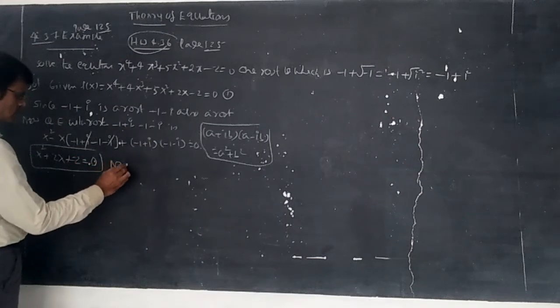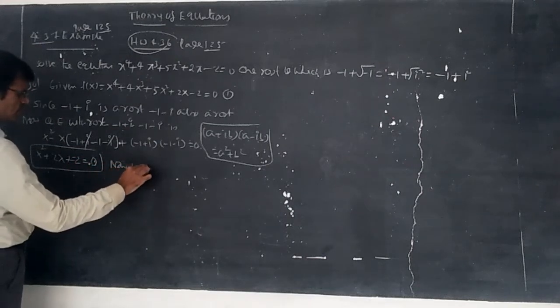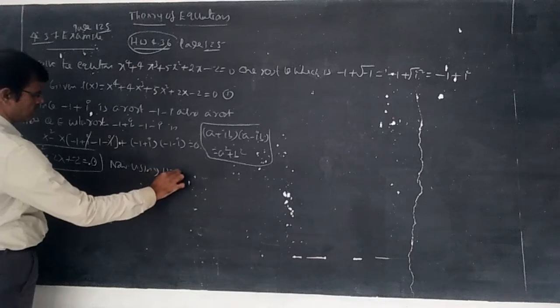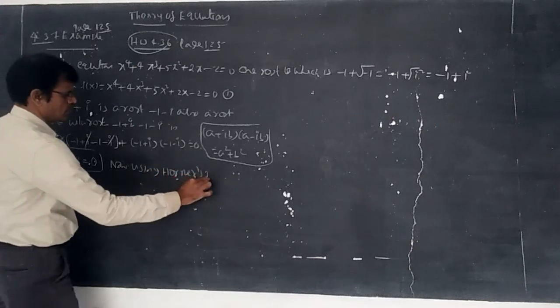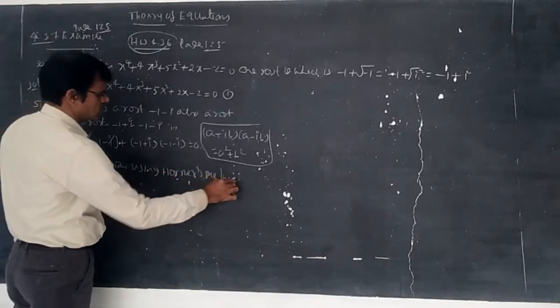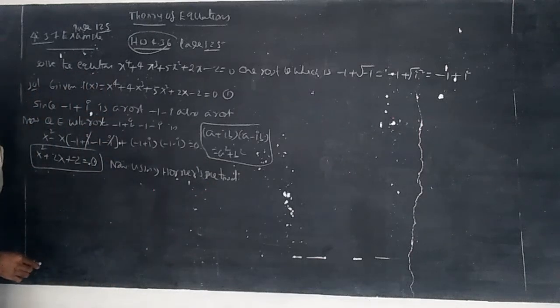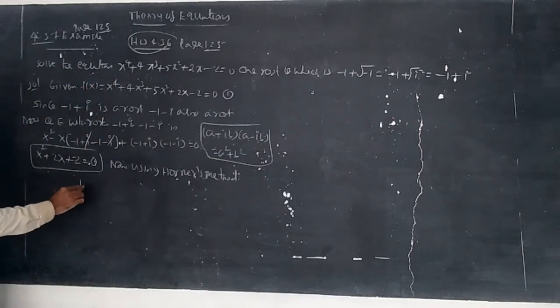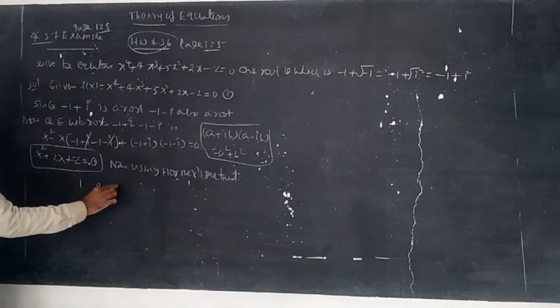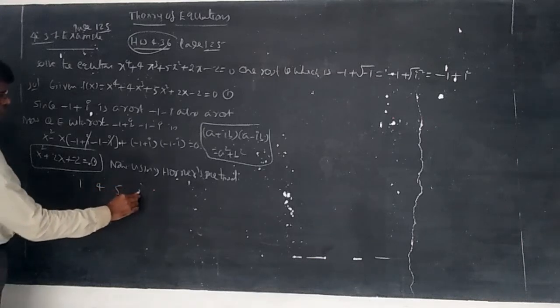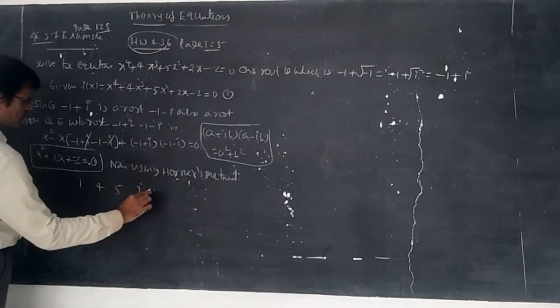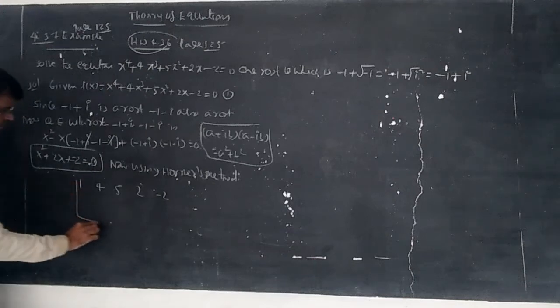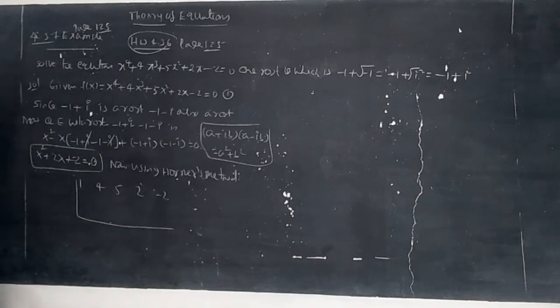Now, using Horner's method, we can write x power 4 coefficients 1, 4, 5, 2, minus 2. We are dividing the biquadratic equation by the quadratic equation.